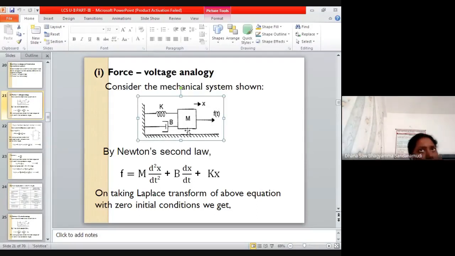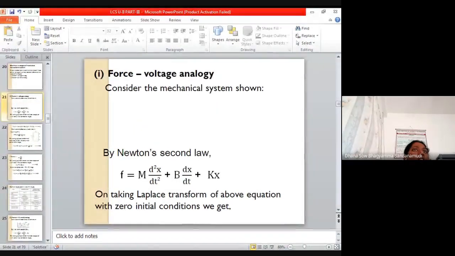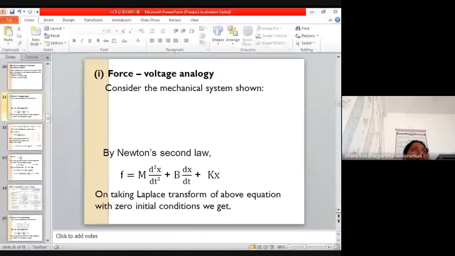So what I will do is modify it, because when I write f of t, there should be f of t. When I'm considering F, what is the need to write f of t?